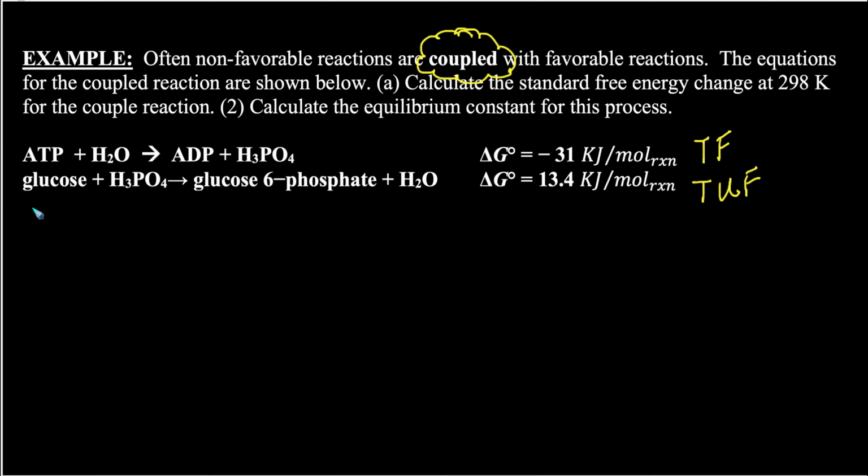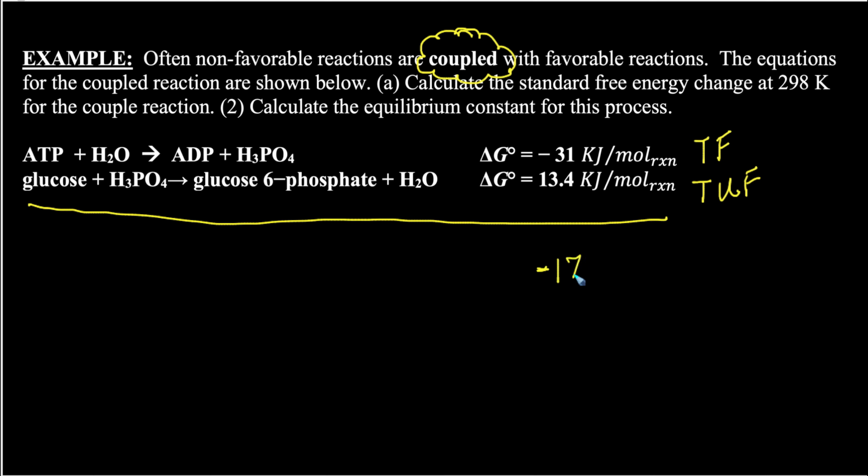So if we added these two reactions together, we would get a total free energy of minus 17.6 kilojoules per mole of reaction. And it asked me to calculate the equilibrium constant for this. So if we coupled the reaction, we would add these together and those would cancel.